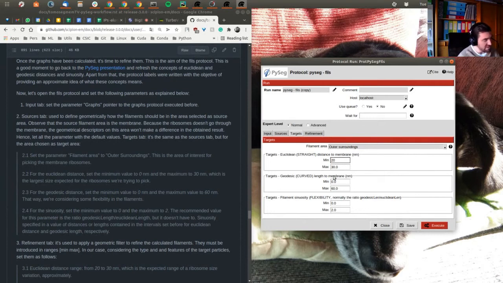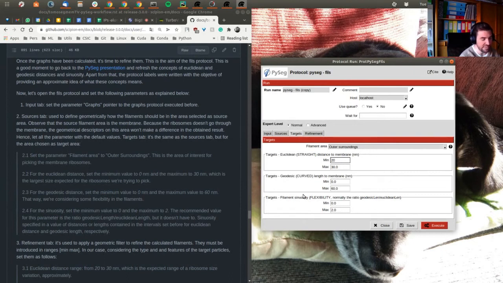The other length constraint is regarding the geodesic length. Geodesic length, as Antonio explained before, is measured like in a curved line. Antonio usually uses an example which I think is very clarifying, which is, imagine Google Maps. You want to go from one point to another point, from a source point to a target point.